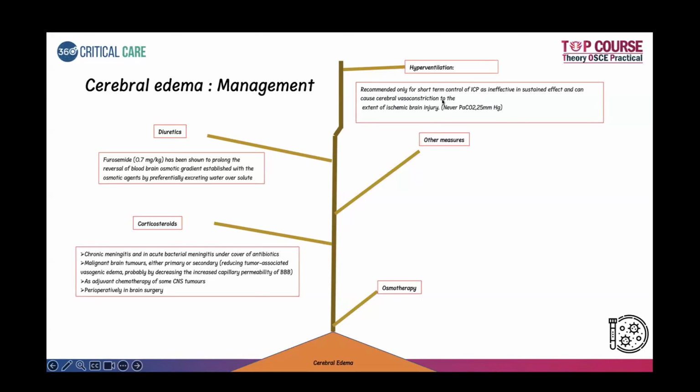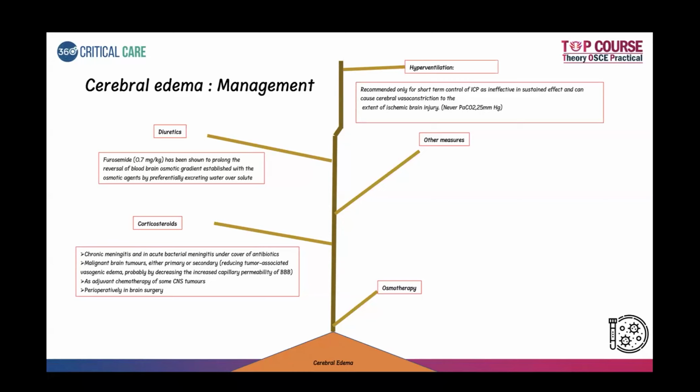It causes cerebral vasoconstriction. It can cause direct cerebral ischemia if the CO2 is kept less than 25 for a prolonged period of time. So usual recommendation is only mild hypocarbia, like in the range of 35 to 40, that's fine.